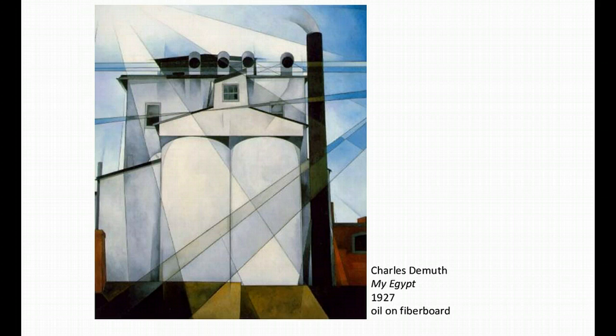And so here we have Charles Demuth's My Egypt, and in this work what he is saying is, Egypt's great and all, Egypt has its monuments and its pyramids, but in my country, where I'm from, I see all of that kind of majesty and beauty in something as quote-unquote run-of-the-mill as a very pristine silo.